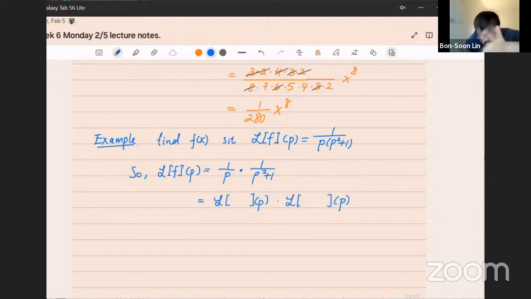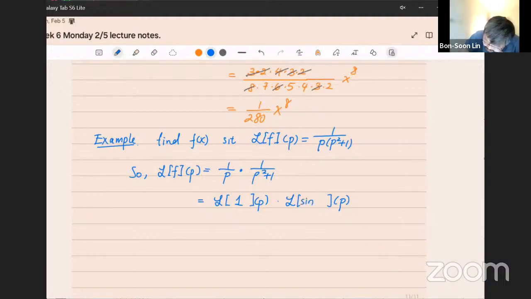In the chat, can you tell me what transforms to 1 over p? It is 1. Excellent. Now, what transforms to 1 over p squared plus 1? It is sine of x.